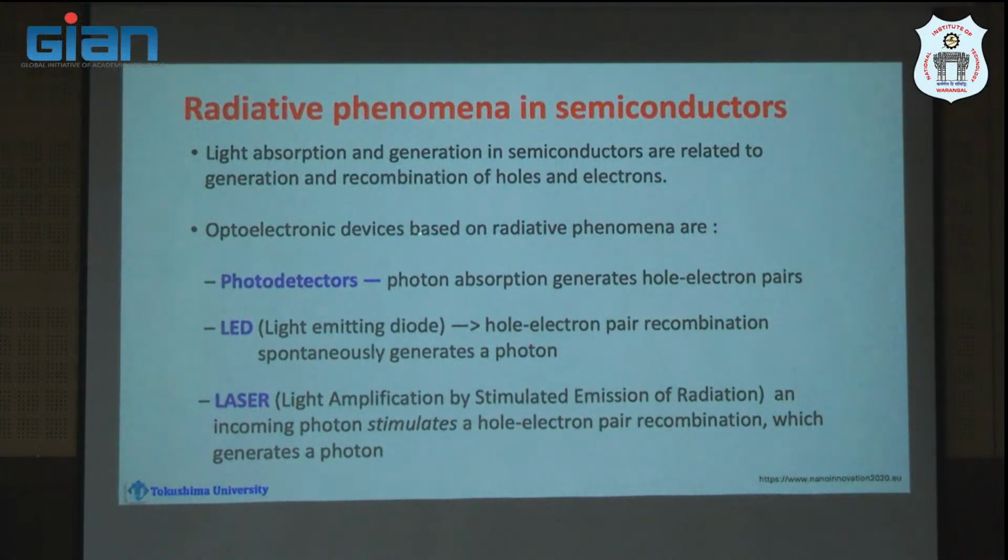So optoelectronic devices that are made from nanomaterials are photodetectors, light emitting diodes and lasers. Laser has stimulated emission. In a photodetector, photon absorption generates a hole electron pair.